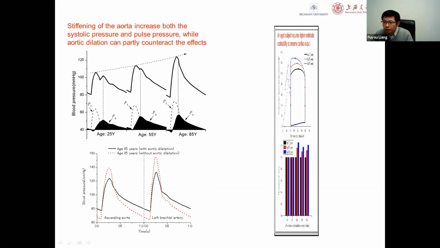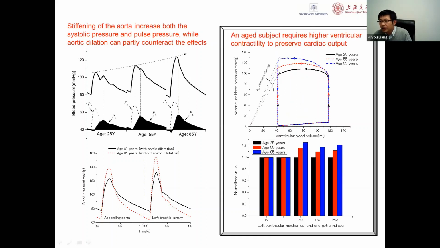So using the model, we further study how the changes in the arterial pressure wave affect the energetics of the left ventricle. This figure shows the pressure volume loop of the left ventricle. From this figure, you can see that in order to preserve a constant cardiac output, an aged subject requires higher ventricular contractility, which will result in higher consumption of energy.